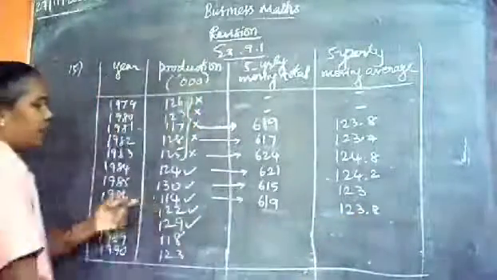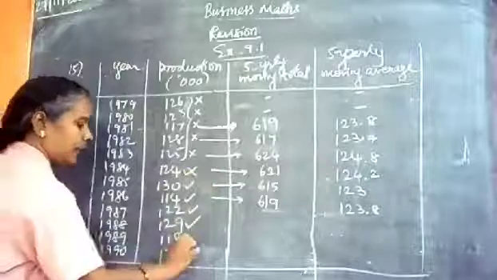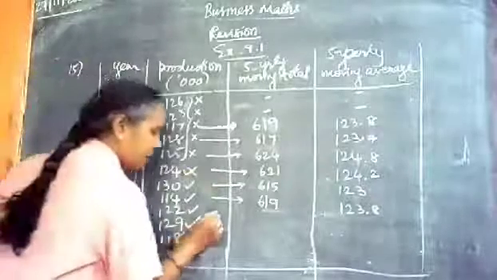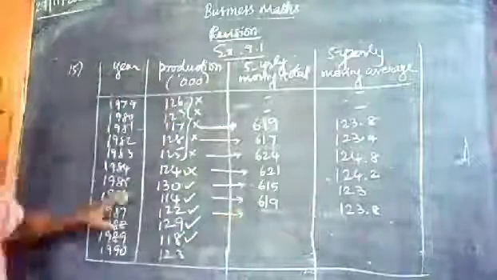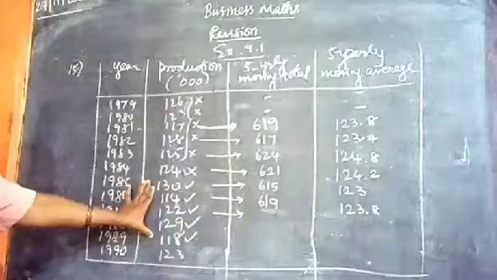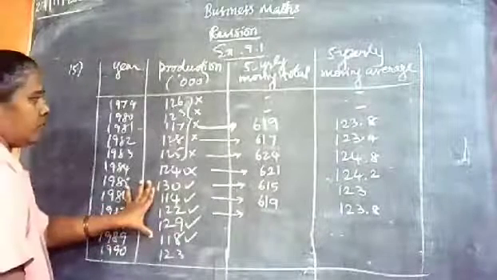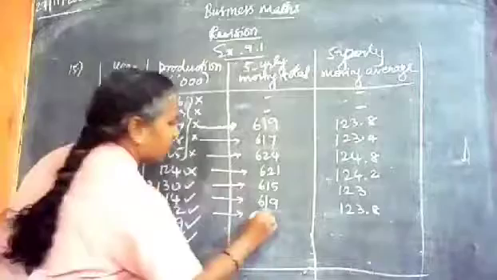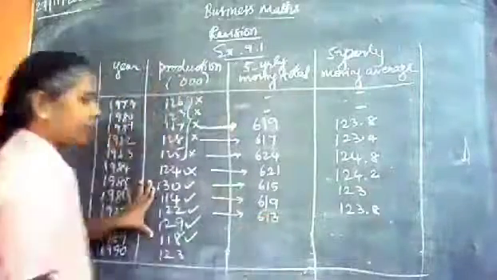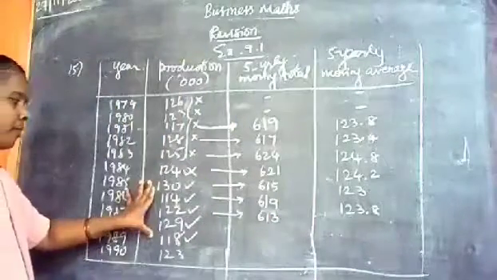Okay, now leave this number, join the next number. Add it and write it here. 613. Divide by 5. 122.6.